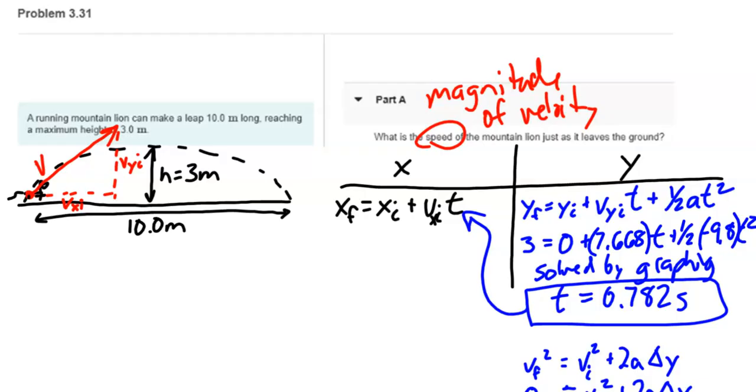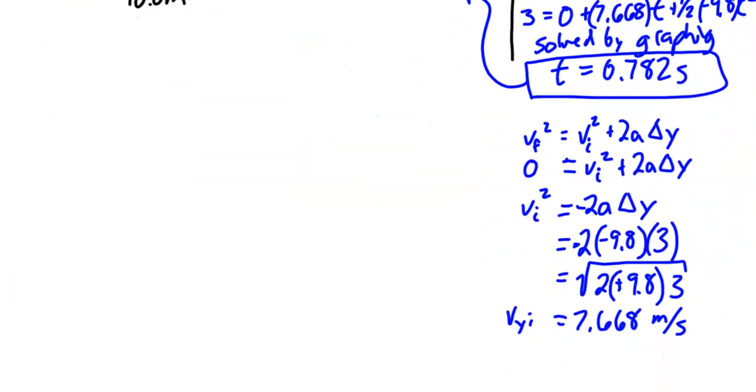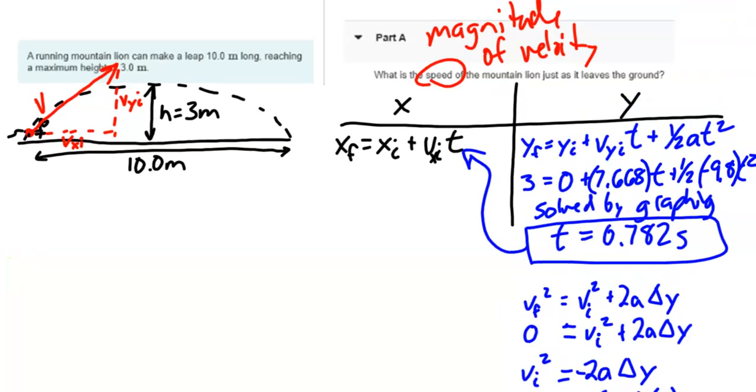So in order to do that, we need Vy, which we have, and we also are going to need Vxi, which we're going to solve for with this equation. And I almost forgot something important, because remember we just did the time up, so our actual time is going to be double that because we're doing the time of the whole jump.